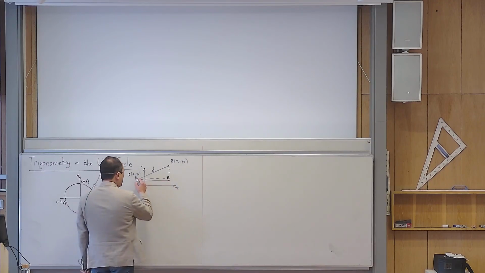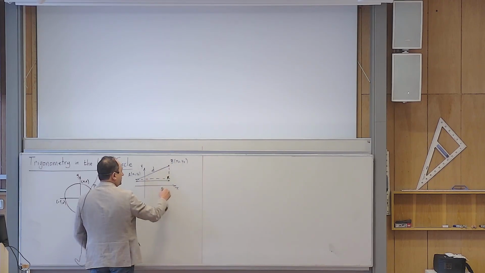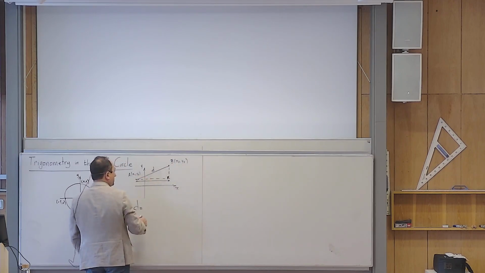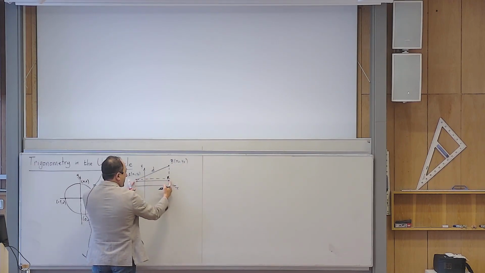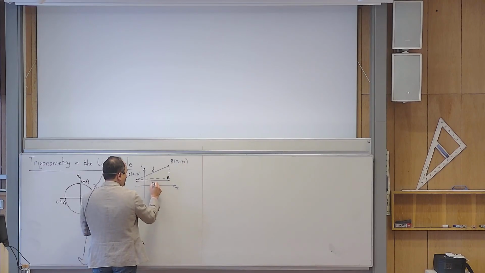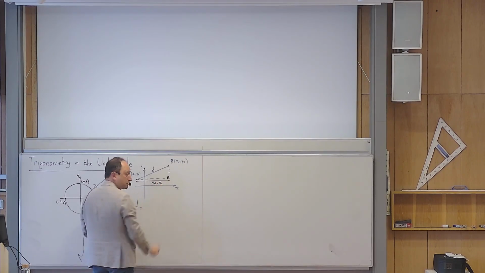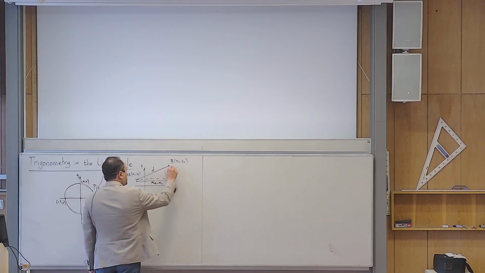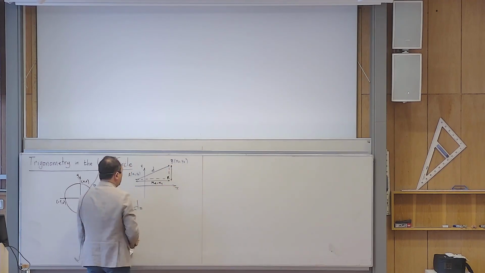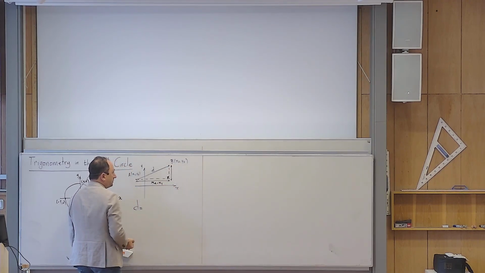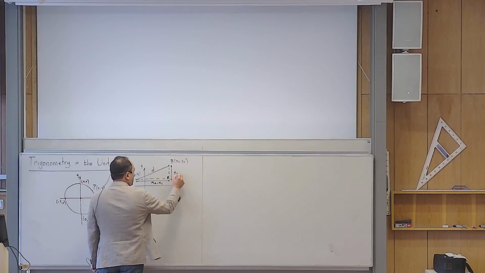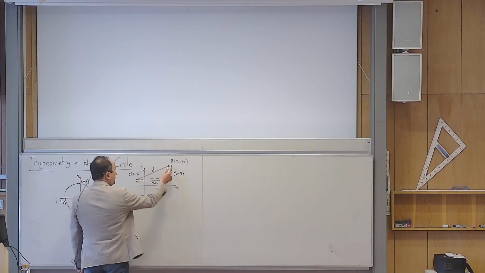In this picture, x2 is on the right, x1 is on the left. So if I want to keep this length positive, as length means positive, I have to write x2 minus x1. And then what is this distance? Yeah, y2 minus y1.